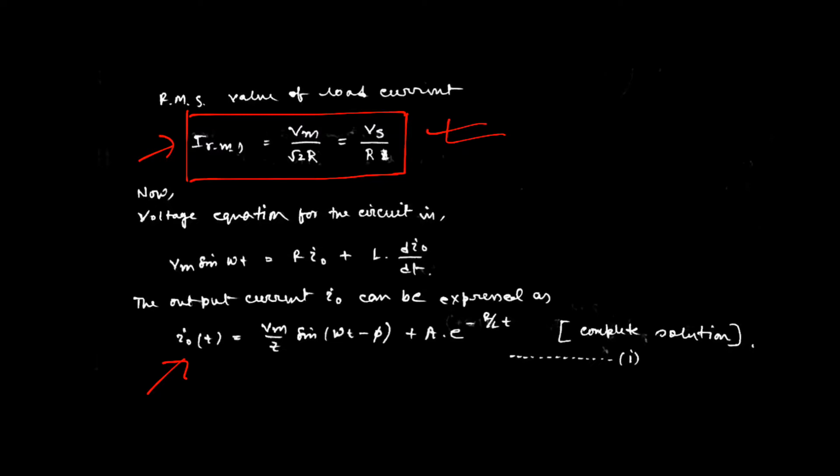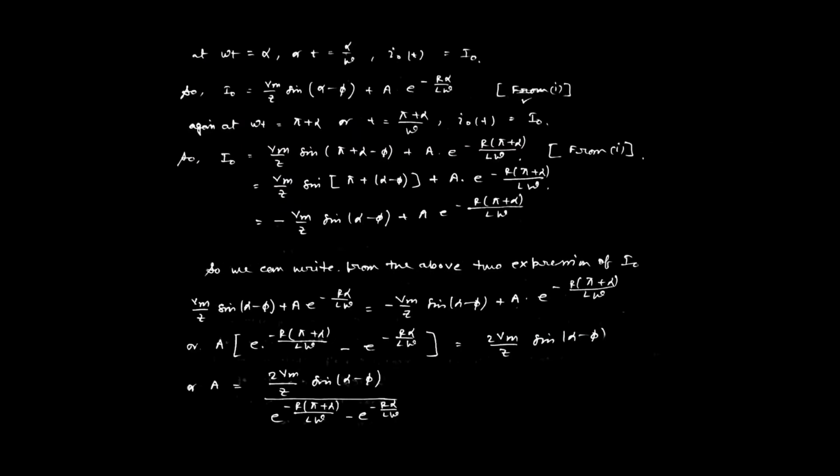So now we are going to find the value of this constant A by considering the boundary condition, which should be taken from the waveform. To find the value of A, let us assume omega t equal to alpha.